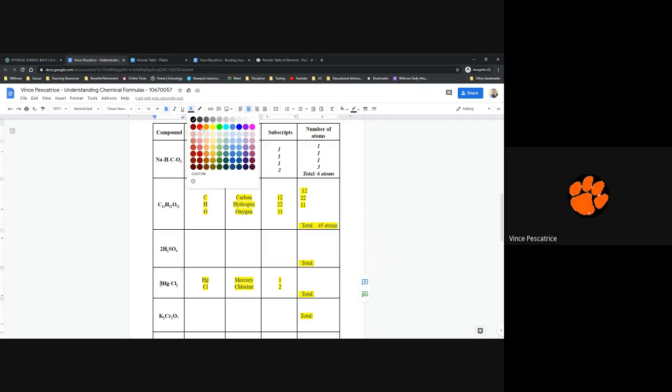I'm going to put it in red. This means that there are 3 HgCl2s. It's like saying this. That's what it'd be like if I said this instead. So if I do that, that gives me 3 times 1.